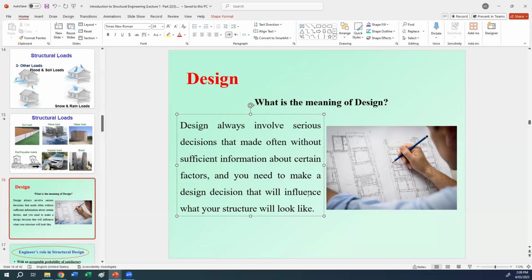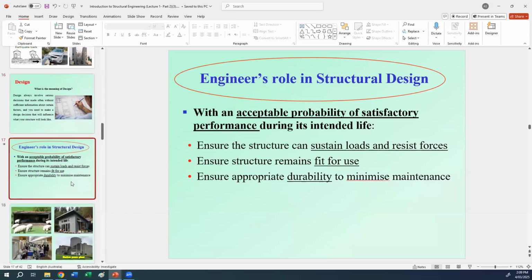You need margins to ensure that you have a safety margin in the design. Okay. So what is the engineer's role in structural design, and what is the construction manager's role in structural design?